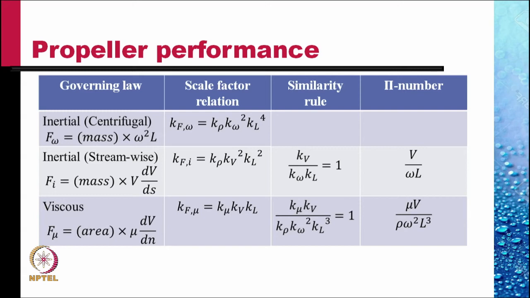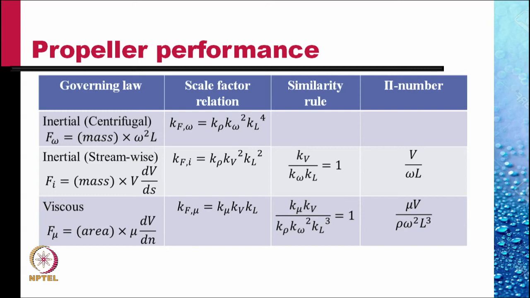From the first one, we obtain the pi number V divided by omega L. We use L as the diameter of the propeller and V characteristic is the forward velocity of the aircraft.